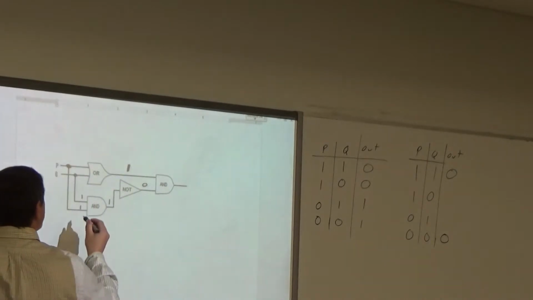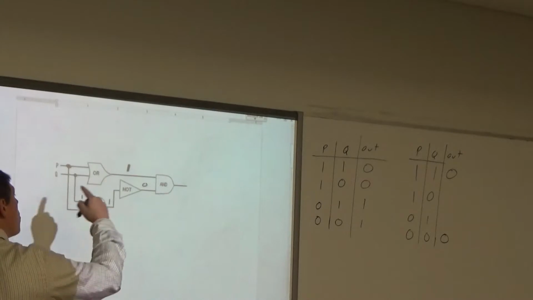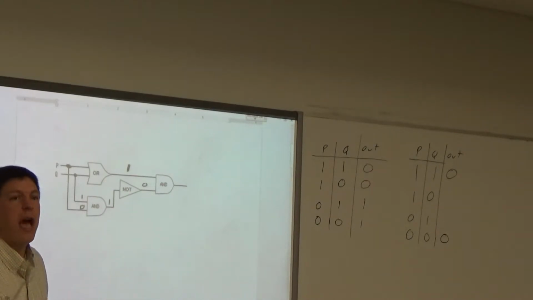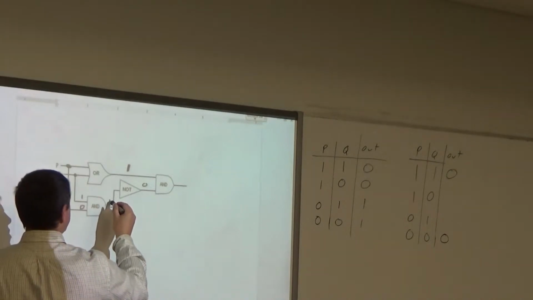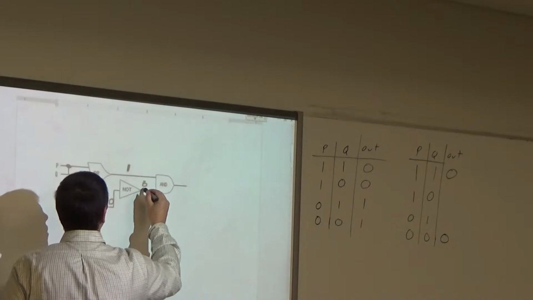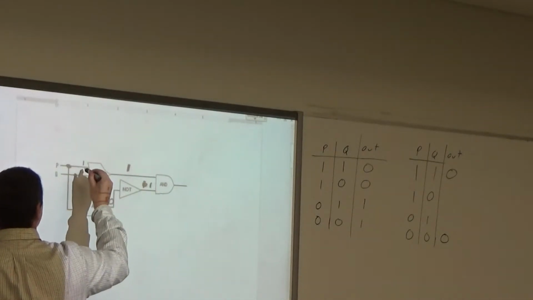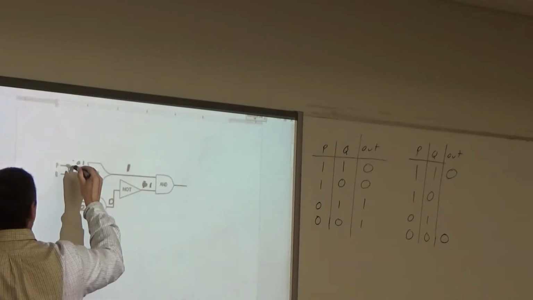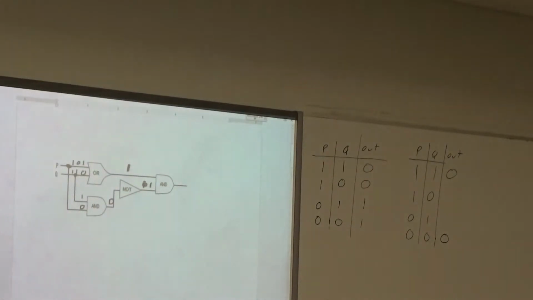Now, the good news is when I start throwing either a 1 or a 0 through there, that's when we're going to start getting the 1s as the output. Because if I put a 1 and a 0 through this, that's going to be a 0. A 0 negated is a 1. And remember, this is always, no matter what we do, whether it's 1, 0, 0, 1, or 1, 1, always going to give us an output of 1 no matter what.